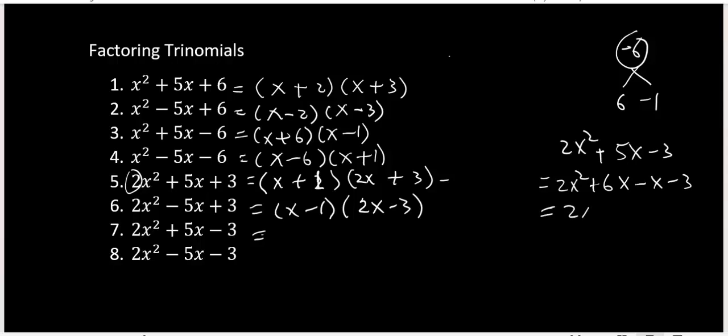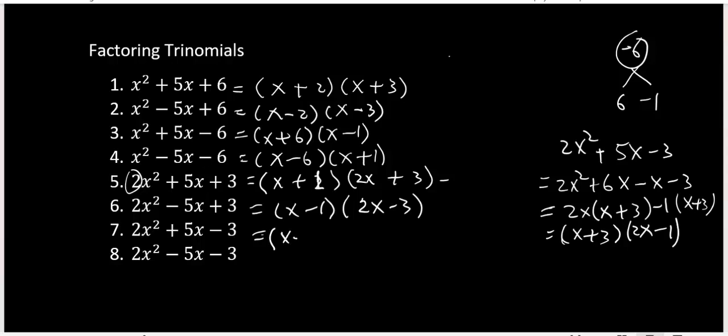Now when you factor out 2x from the first two terms, you get x plus 3, minus 1 factor out, you get x plus 3. So that gives you now x plus 3 times 2x minus 1. So that we write here x plus 3, 2x minus 1.